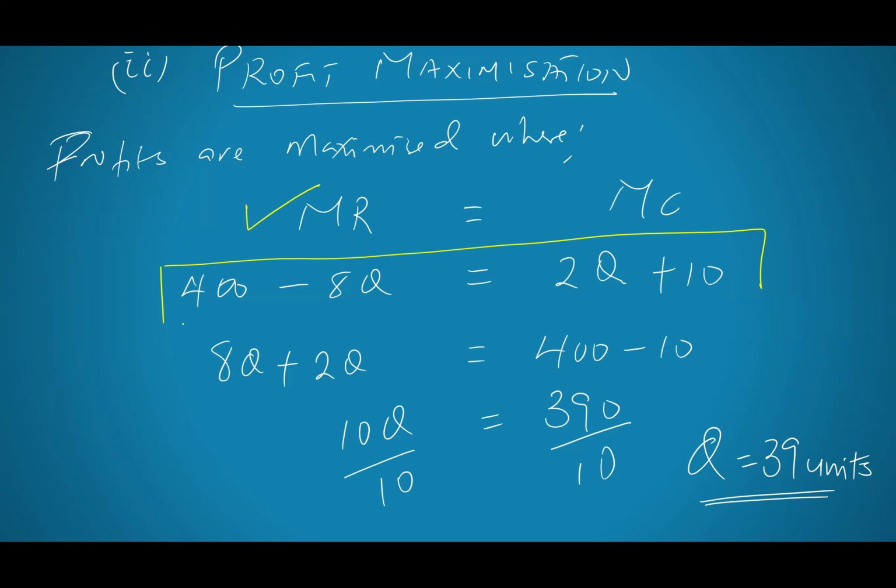This is where I equate the two, and then, of course, collect like terms here. And the quantity that will help us to maximize profit comes out as 30 units. I want you to confirm whether this is what you get. Continue.